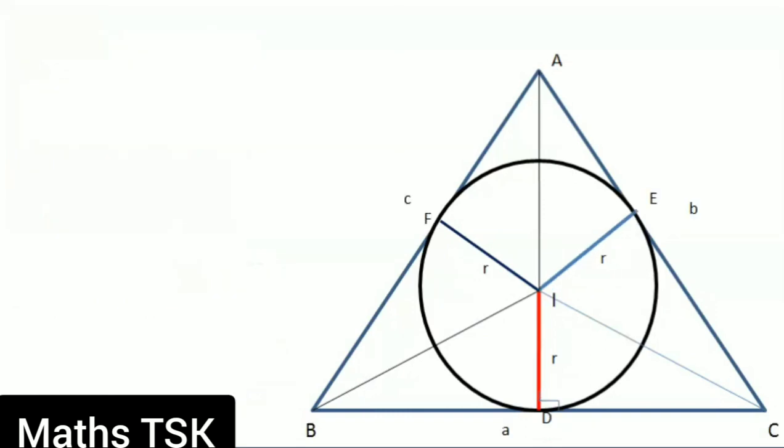So we are going to prove first one, delta is equal to rs, or r is equal to delta by s. Look here. What is the area of triangle ABC? Delta means area of the triangle.